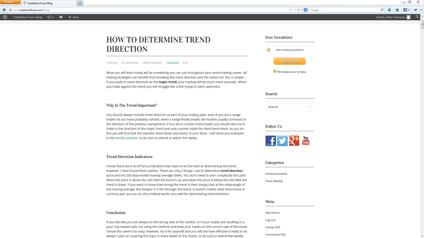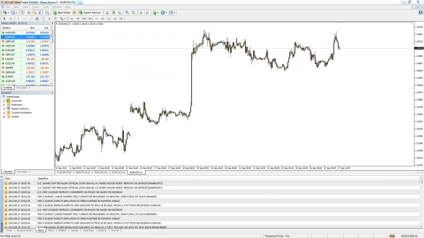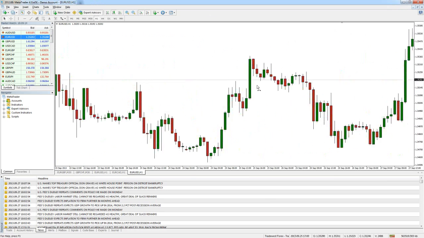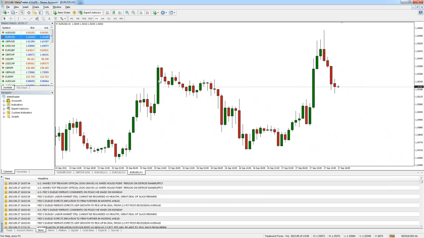Let's get a fresh chart up here. There we go. So everybody should see my charts now. Everybody seeing the charts okay? I'll zoom in on these so you don't have a tiny little candlestick, and for those of you on different screen resolutions. Okay, good.